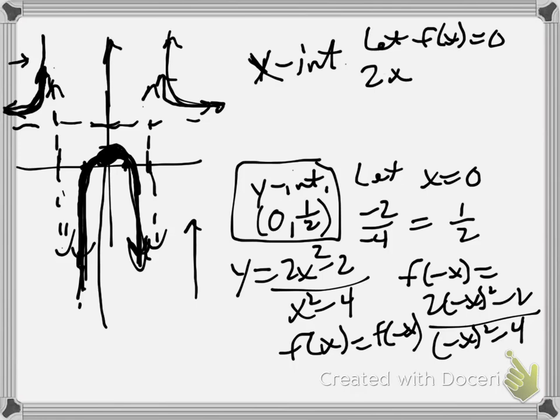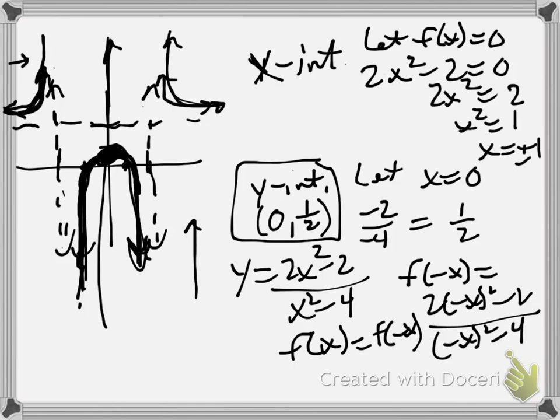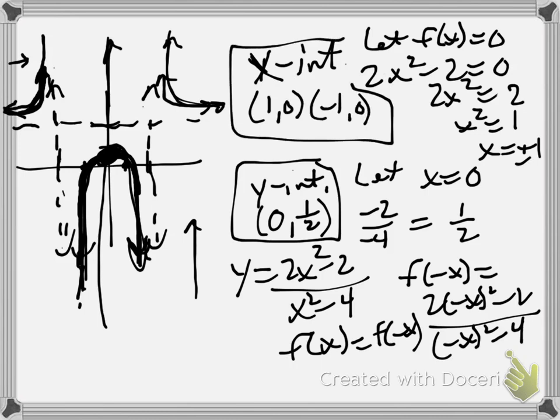So 2x squared minus 2 equals 0. So add 2. Divide by 2. Take the square root of both sides. x is plus or minus 1. So my x-intercepts are (1, 0) and (negative 1, 0). Right here. So after 10 minutes and me losing the problem, we're done.